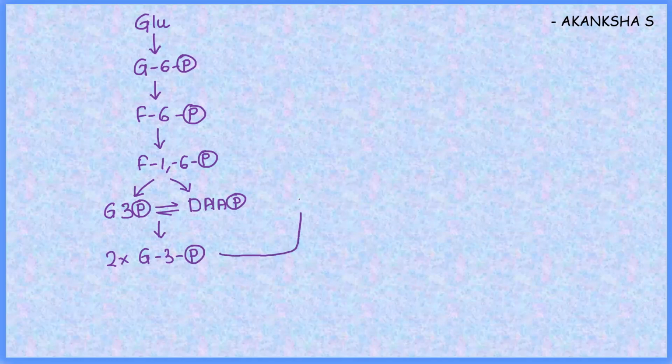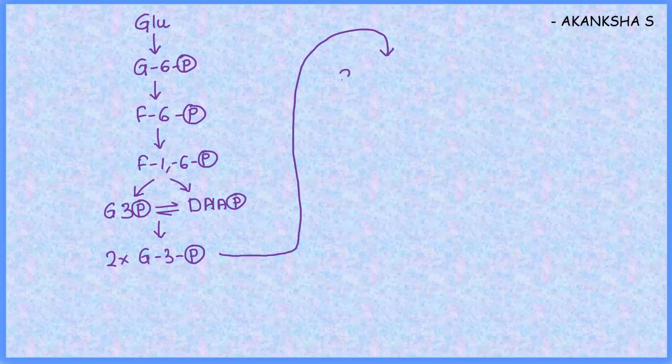Okay, this fructose 1,6 diphosphate became glyceraldehyde 3-phosphate and dihydroxyacetone phosphate, DHAP. Both of them are isomers of each other. So we got 2 molecules of glyceraldehyde 3-phosphate. Okay. And we entered with this to our payoff phase.